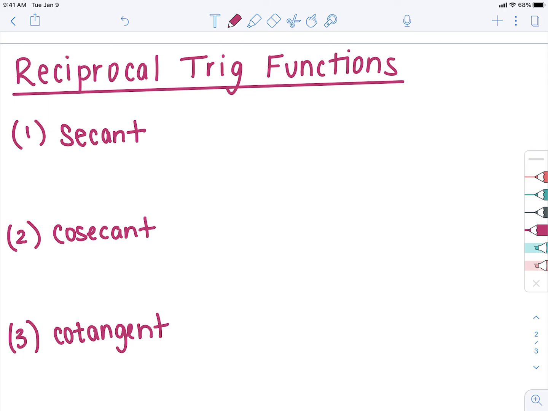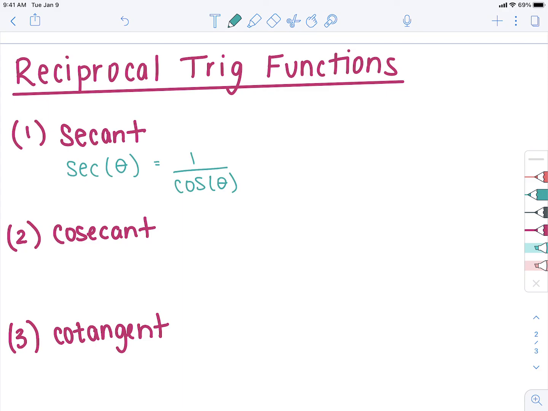So if we're looking at secant, we abbreviate secant as SEC of the angle. Secant is the reciprocal of cosine. So that means it's the same thing as 1 over cosine.